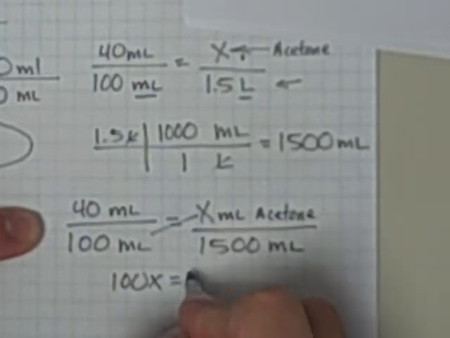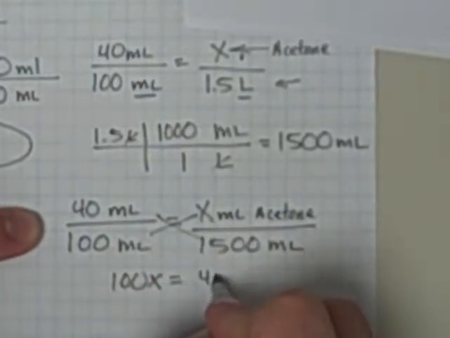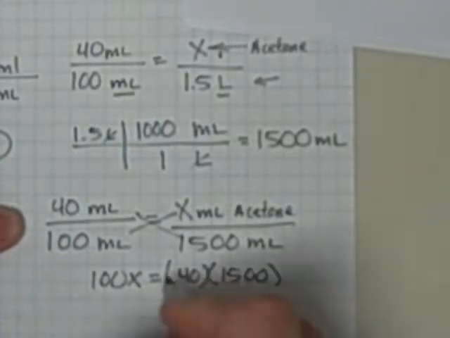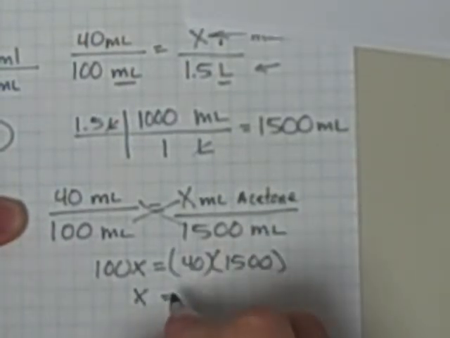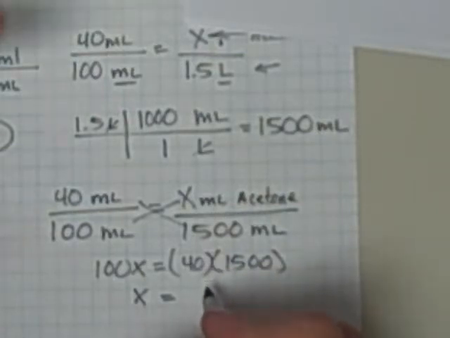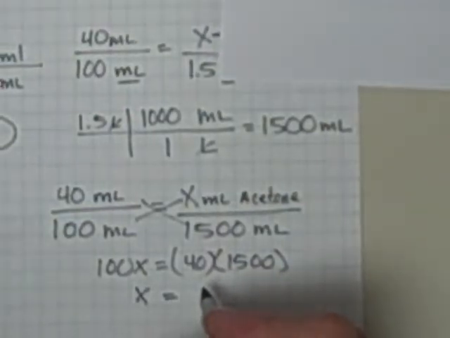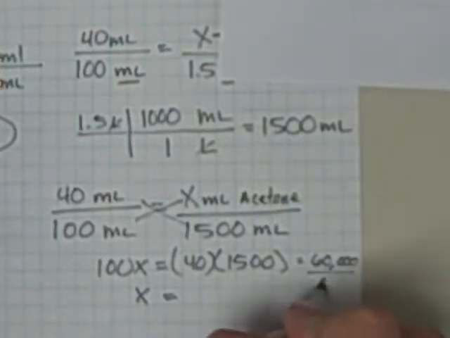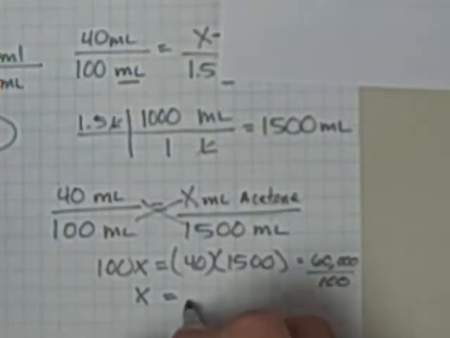Now I just cross multiply. So 100x is equal to 40 times 1,500. I work out the math here and I get x equal to, I can get the calculator out so I'm not just looking off my notes. So 40 times 1,500 is 60,000 divided by 100 is 600 milliliters.